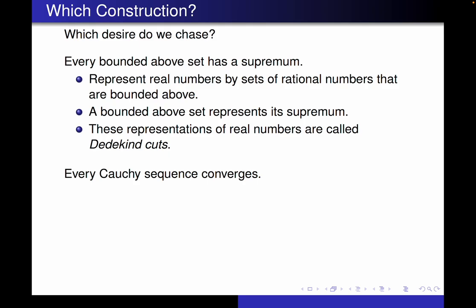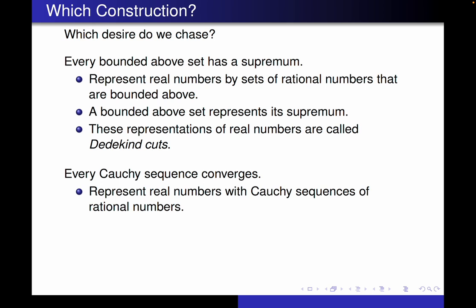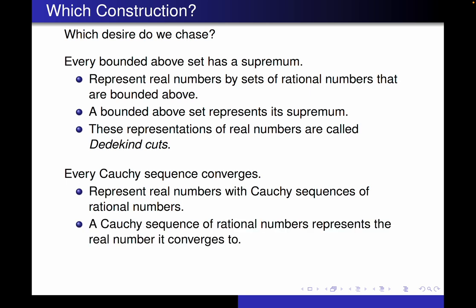And so our motivating desire will be, I want every Cauchy sequence to converge. Okay, fine. So that means then we're going to represent real numbers with Cauchy sequences of rational numbers. And in that case, the Cauchy sequence of rational numbers represents the real number it converges to. Again, if I have a sequence of rational numbers that converges to an irrational number, then in the world of rational numbers, that basically does not converge because it's going towards a number that doesn't exist in the rational numbers.